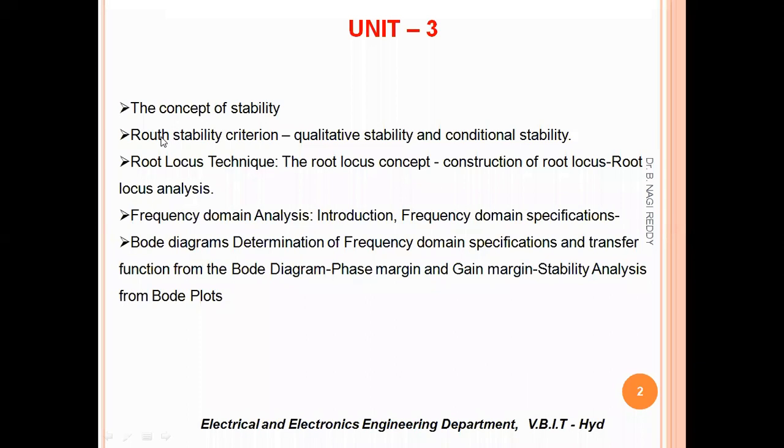There are three different techniques given in this unit to determine it. One is the Routh-Hurwitz stability criteria, the second is the root locus technique, and the third is Bode plots. These three techniques are helpful to determine the stability of a given system. So this is about the syllabus that we come across in this unit.